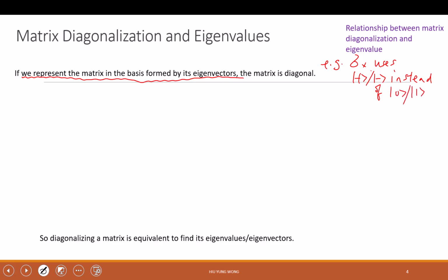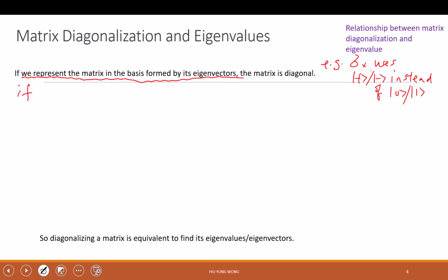Do you see what I'm trying to say? For now, I try to express the space using the plus minus basis instead of the 0, 1 basis for sigma x. So I'm talking about what happens if that is the case.